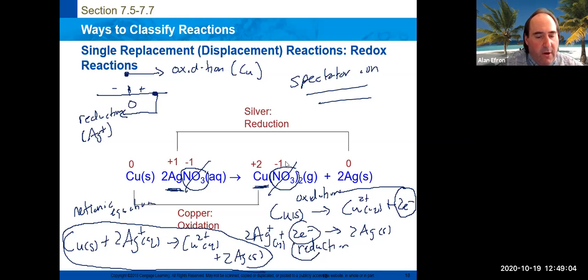It really gets to the heart of the matter of what is happening when you put these things together. The copper is giving up its electrons. The silver is saying, thank you very much, and picking up those electrons. Again, the nitrate here is really just a spectator ion, not participating in the overall reaction. Any questions on that?